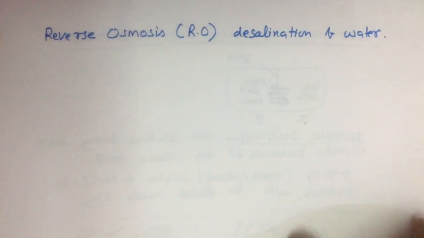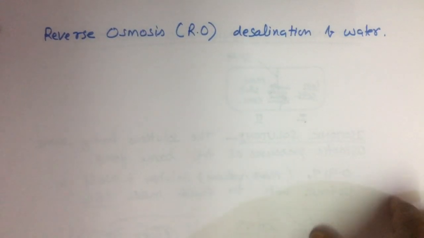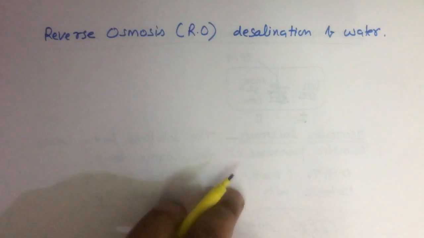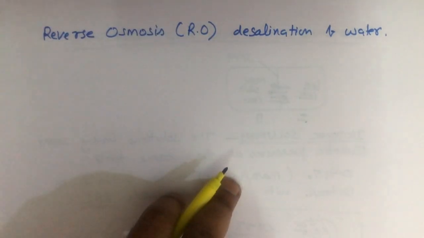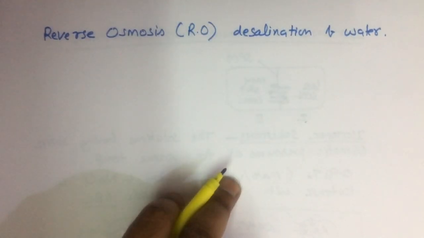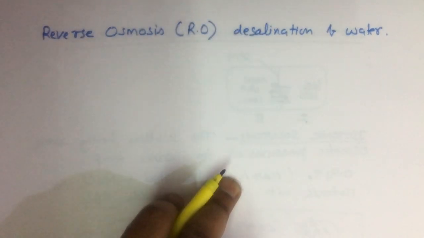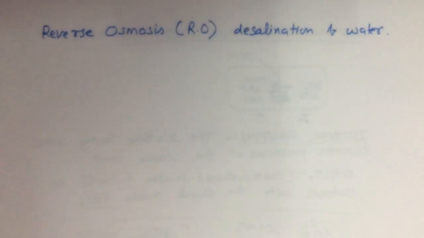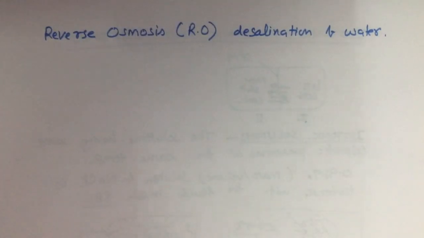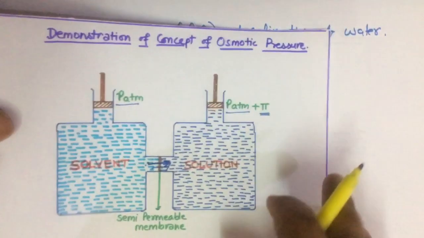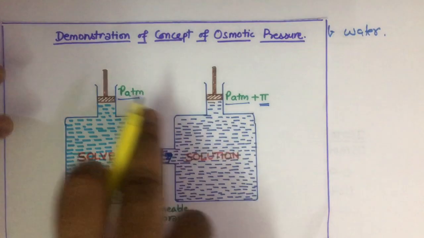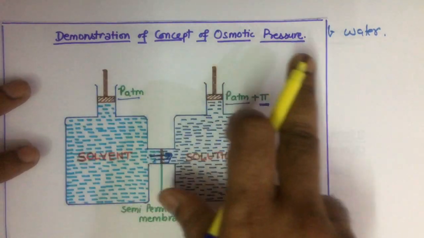RO stands for reverse osmosis. The process of osmosis can be reversed if a pressure larger than the osmotic pressure is applied on the solution. Let us take the example we have studied for the demonstration of the concept of osmotic pressure.